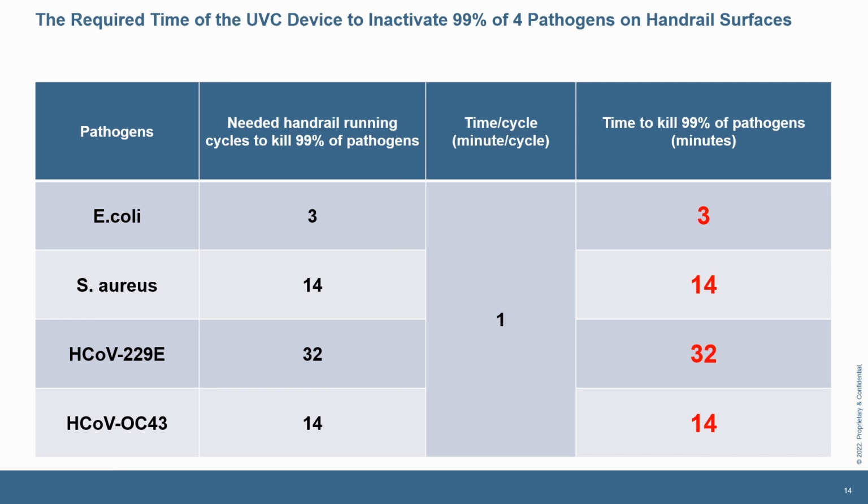Based on D99 for each pathogen and the UVC dose the handrail top surface received in each cycle, the cycle number needed to inactivate 99% of pathogens can be calculated. The slide shows, for the running handrail, how many cycles are needed to inactivate 99% of pathogens.